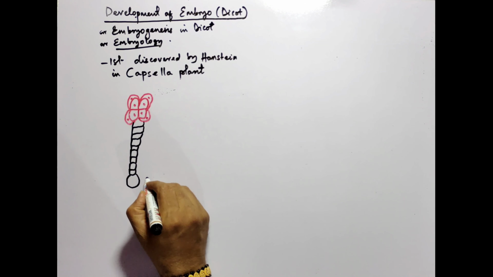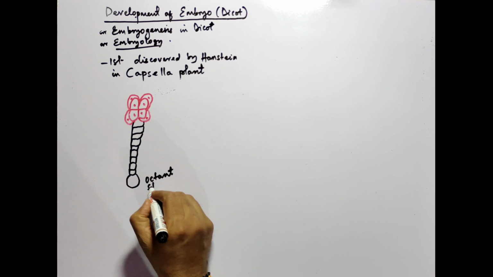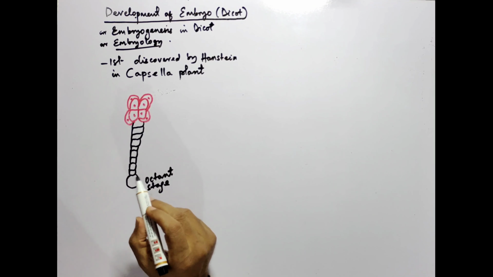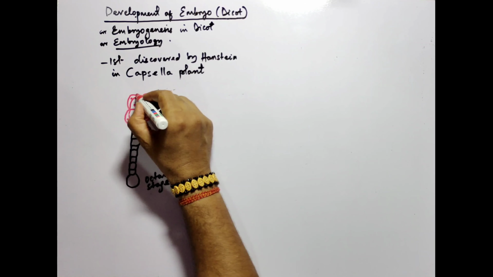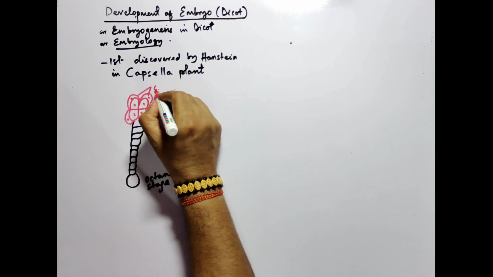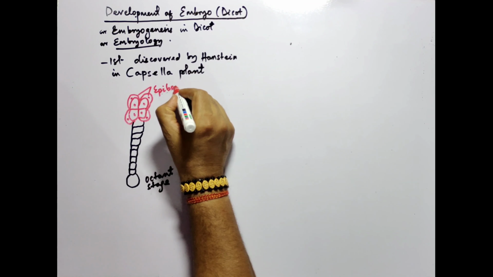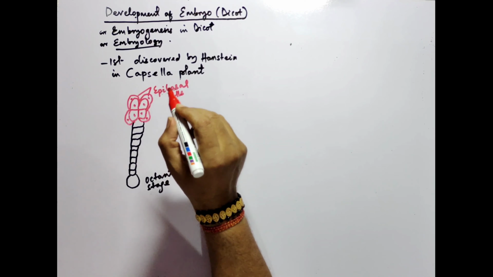So this is called octant stage, and these cells, particularly the upper ones, are called epibasal cells.